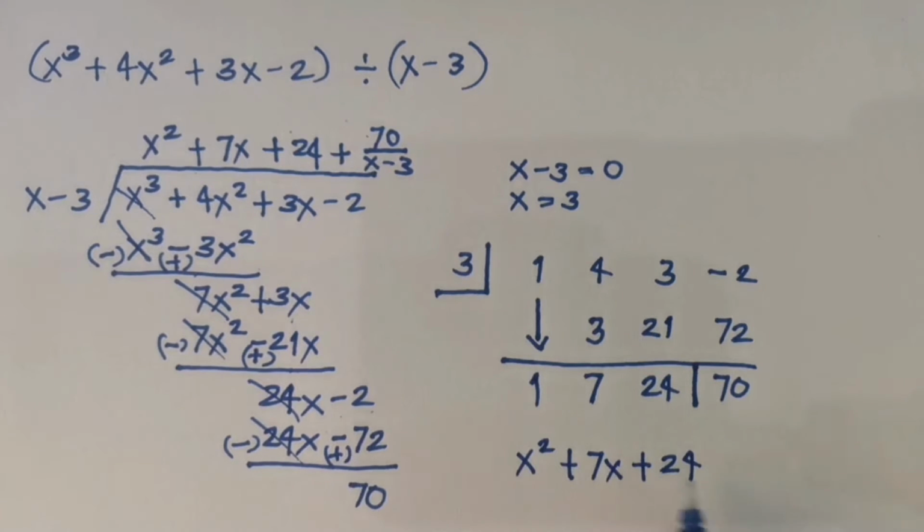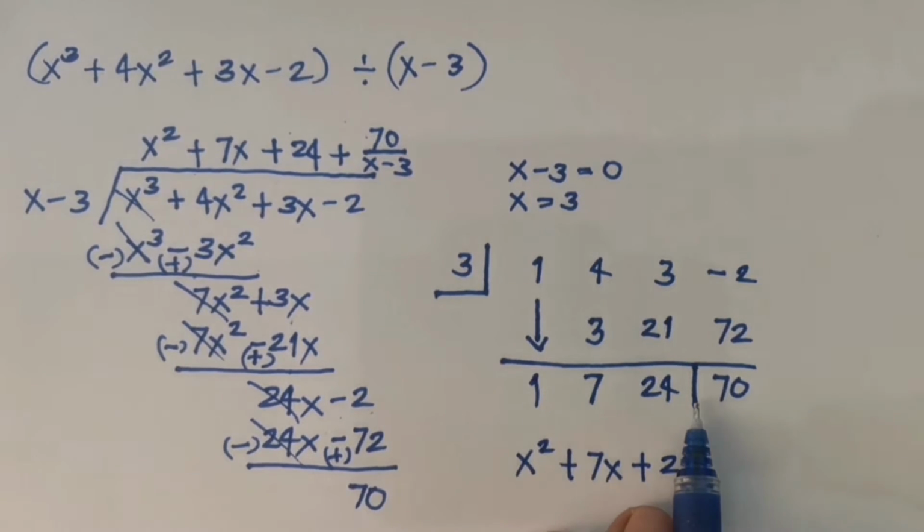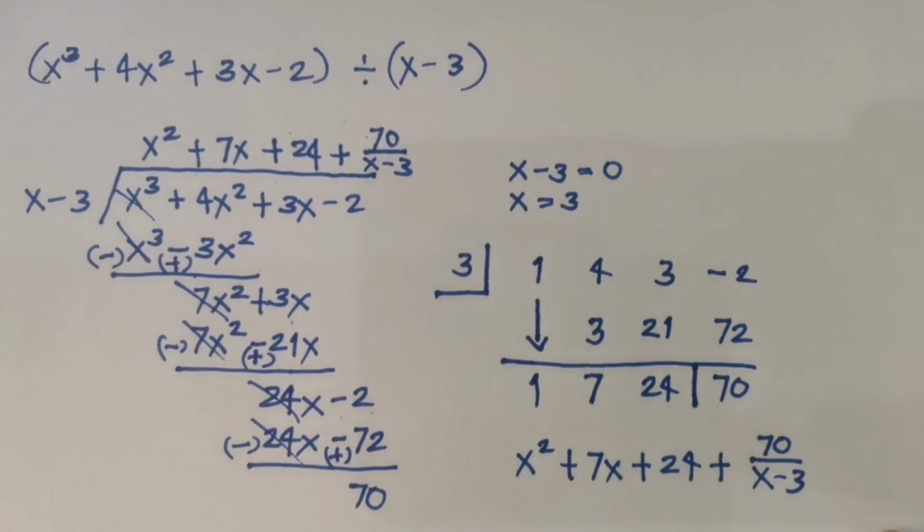So since first power na to, wala na ditong variable. So that becomes 24. And since alam natin beyond this bar is a remainder, we will write this as plus or positive 70. Just like what we did earlier, write it as a fraction. So yun pa rin ang gagamitin natin, which is x minus 3.